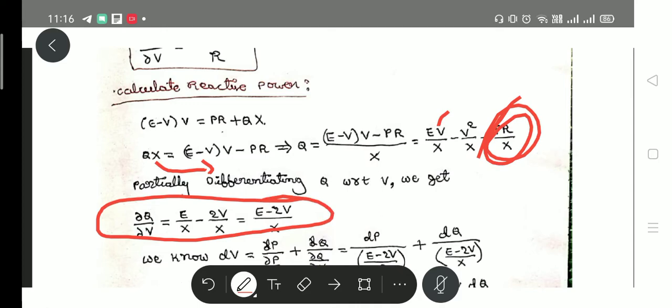We know the formula dV = (∂V/∂P)dP + (∂V/∂Q)dQ.